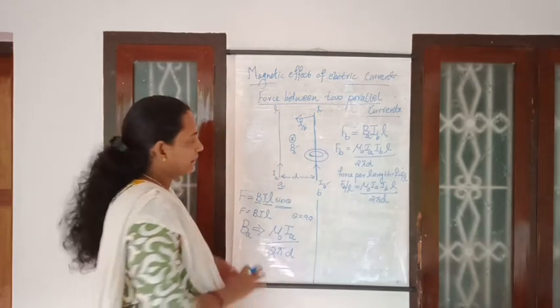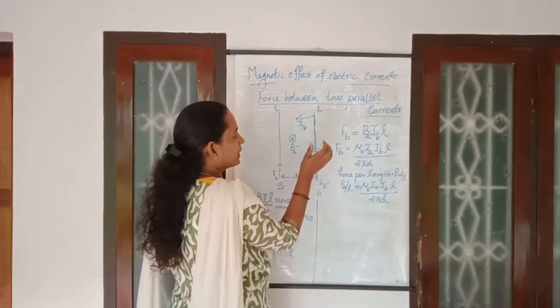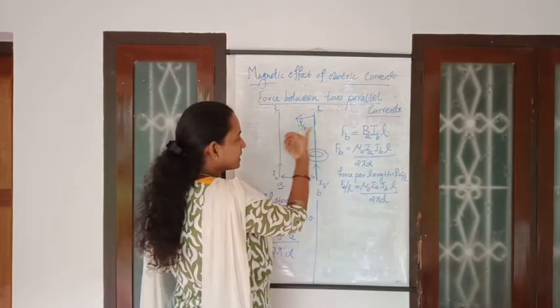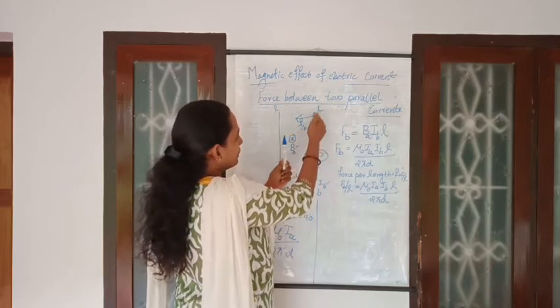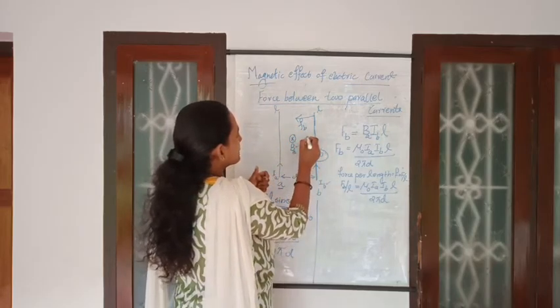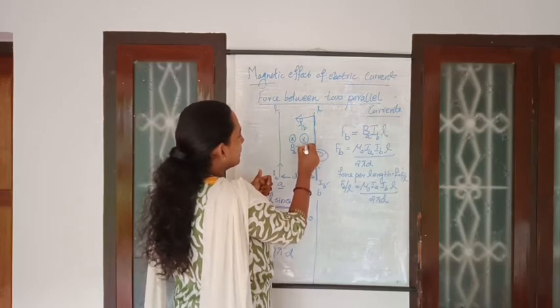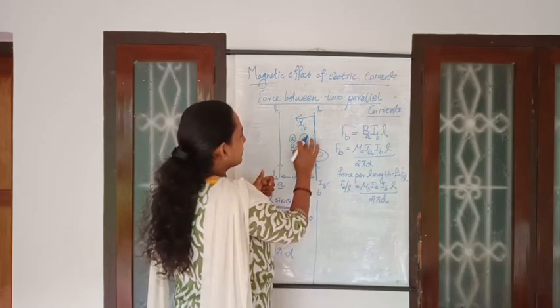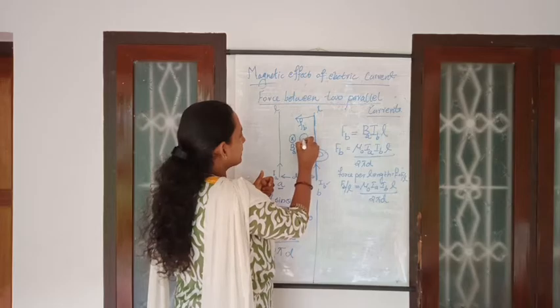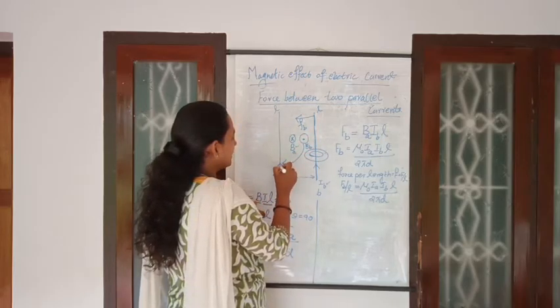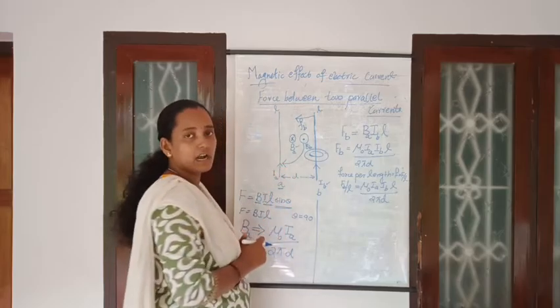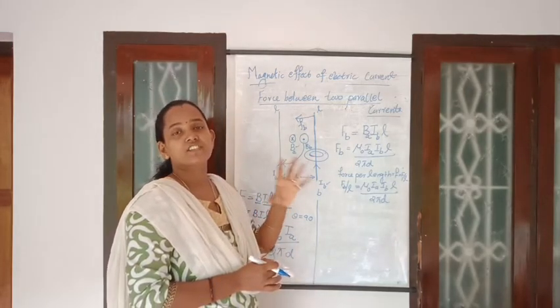Yes or no? The current is upward, so here the magnetic field is inward, which means here it is outward. So this conductor produces a magnetic field B_B in the outward direction, and in this magnetic field the second conductor carrying current Ia will experience a force.